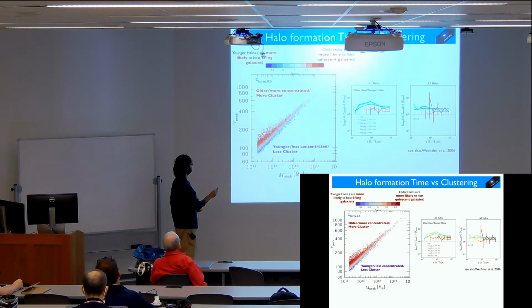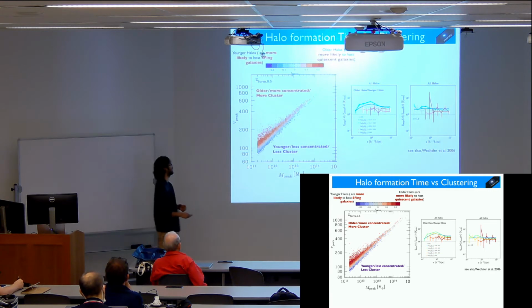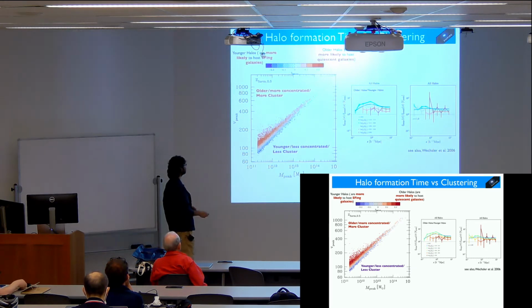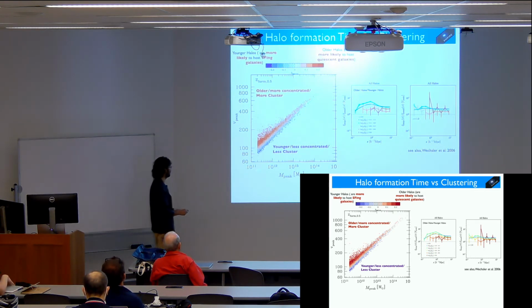And what we use here is the half mass of the dark matter halo. So redder means that halos assemble earlier. Bluer means that halos assemble later. Sorry, so here we have older halos, and here we have young halos. And we see that this is persistent over the full mass range of the dark matter halos.